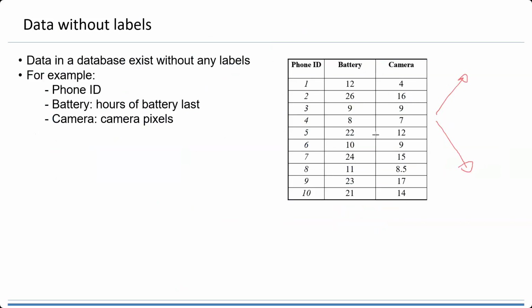Or maybe from this one, I can distinguish new version and old version. So everything can be done with this data because this data has no limit.